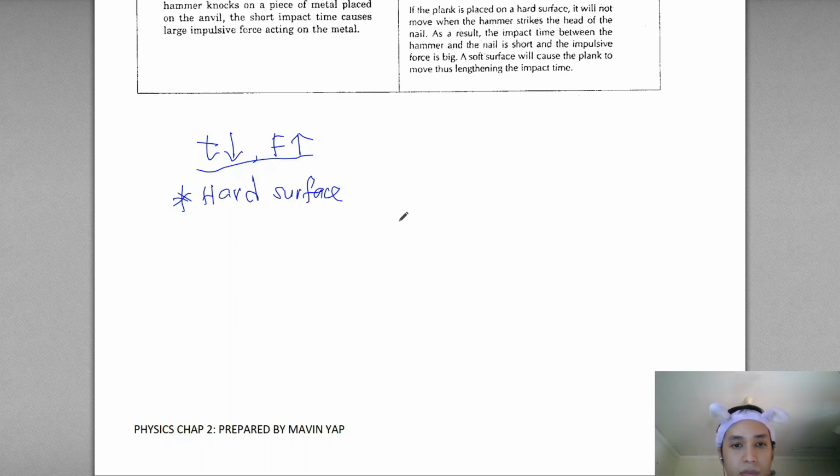Now if I want to produce a smaller impulsive force, meaning I need to increase the time of impact, I need to use a soft surface.